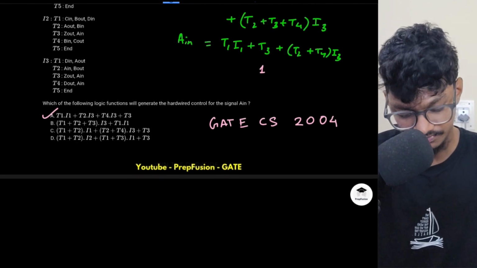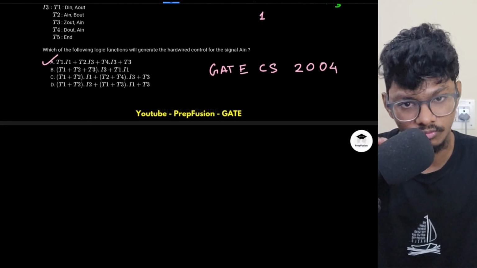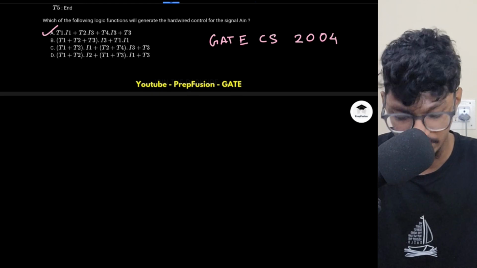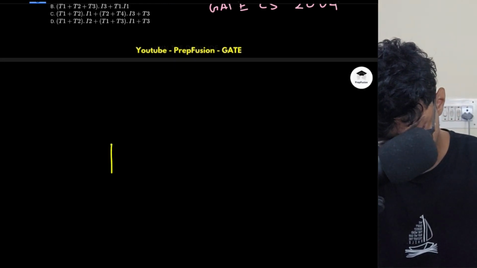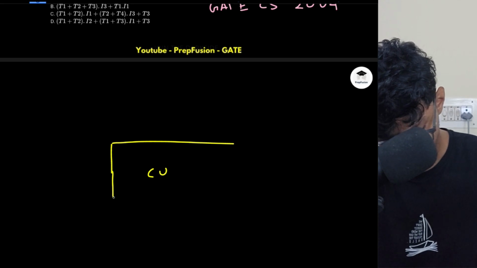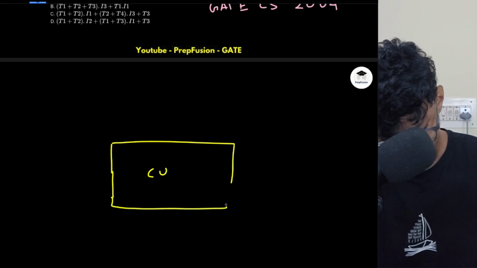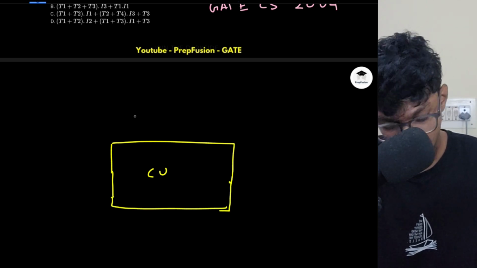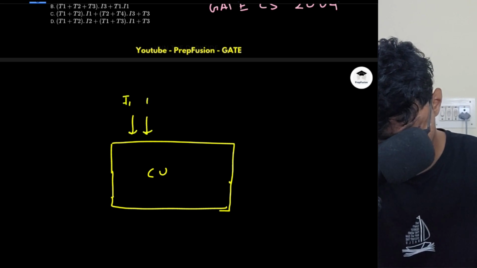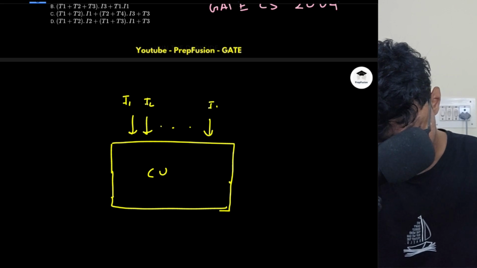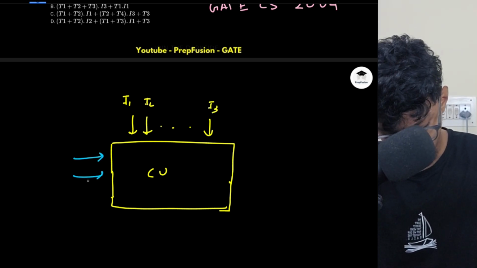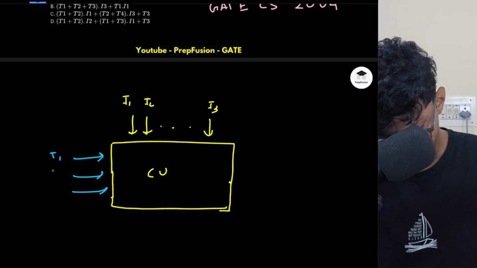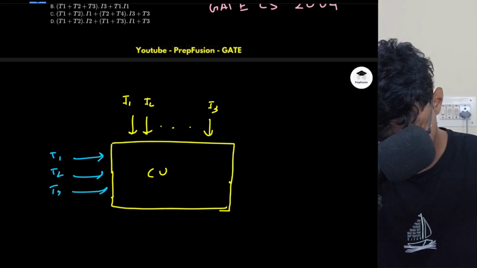So basically I will just show you an example of what is happening in the hardware circuit. So basically I have a control unit here, and this is like a decoder circuit. So I will have instructions I1, I2, I3, and then I will have the timing signals as well, T1, T2, T3.